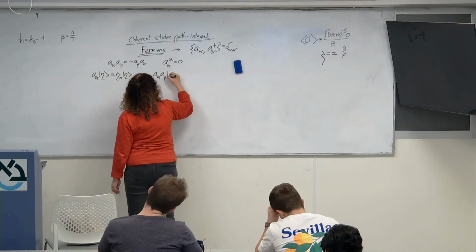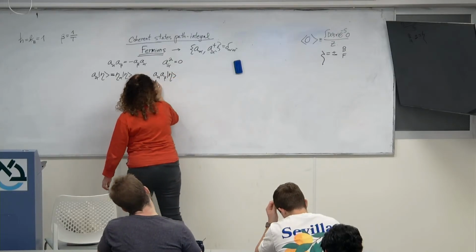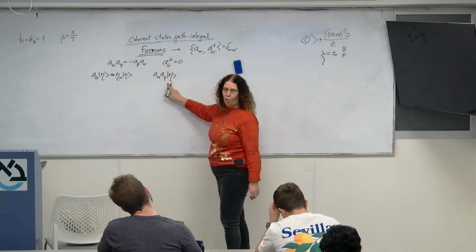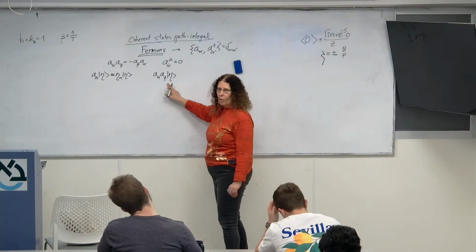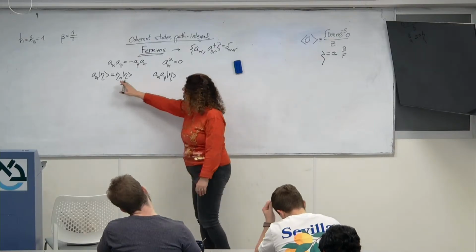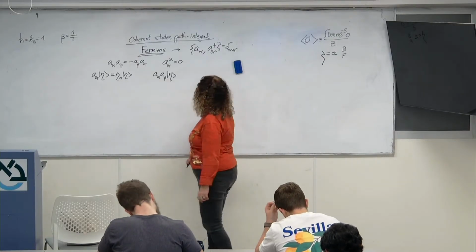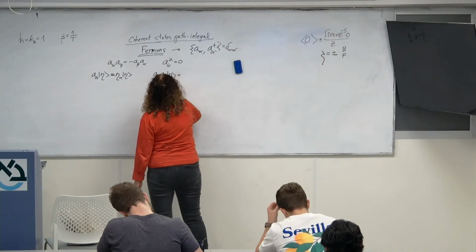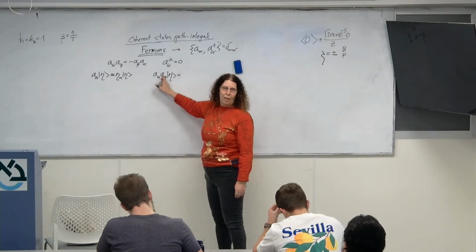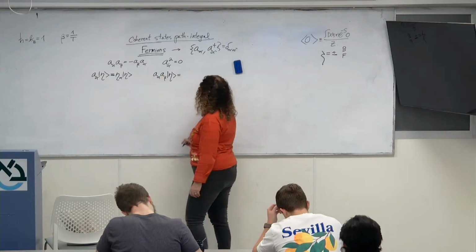And now let's apply a pair of operators on the coherent state. Okay, so we'll do it carefully, just following the definition. I first apply A beta, okay?